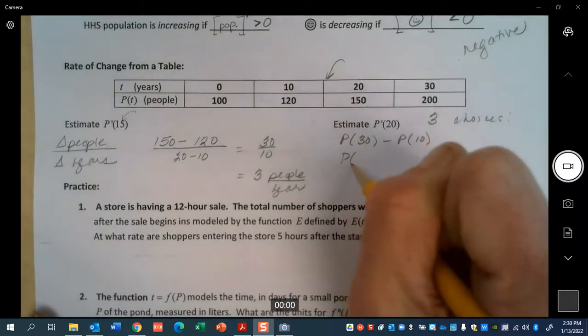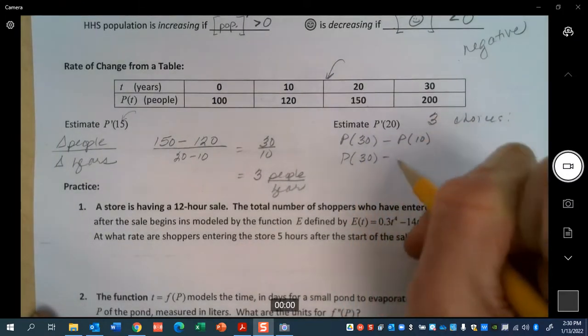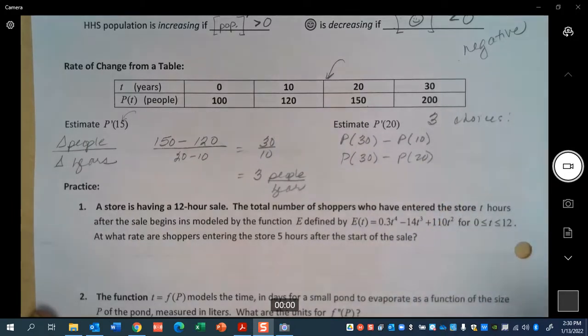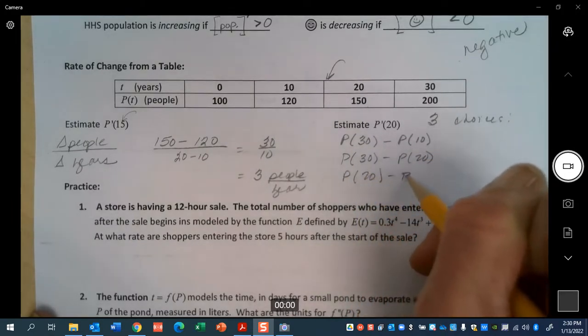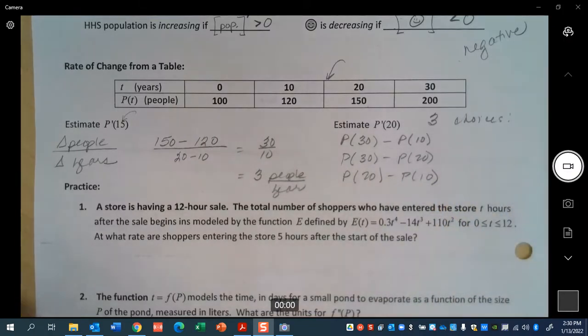You can do the average between 30 and 20. Or you can do the average between 20 and 10. You can't just say at 20 because that doesn't help you with what the average is.